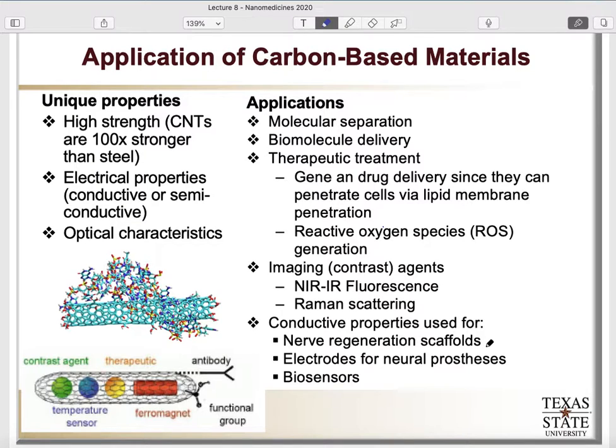For example, if you're trying to do tissue engineering for the specific application of nerve regeneration, your scaffold has to provide the capability of conductivity because the cells require electrical signals to be able to differentiate into the right tissue. Similarly, you could utilize carbon nanomaterials as electrodes for neural prosthesis and as biosensors, of course.